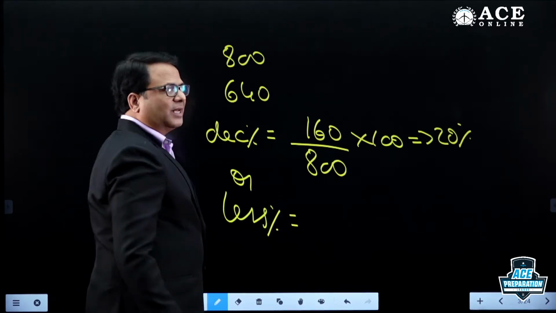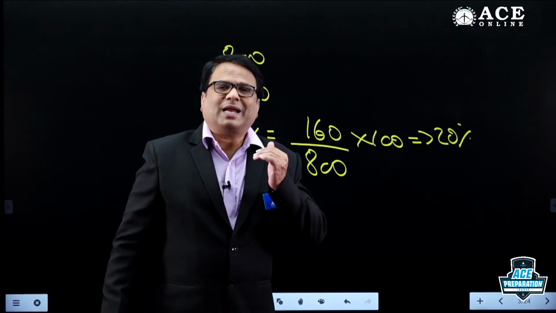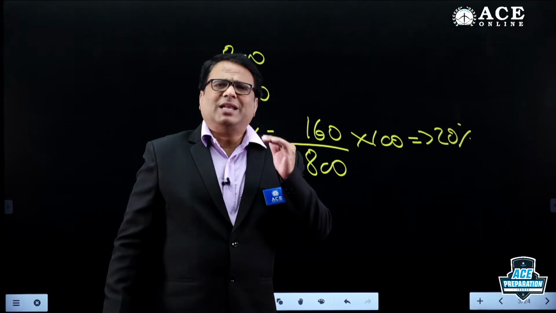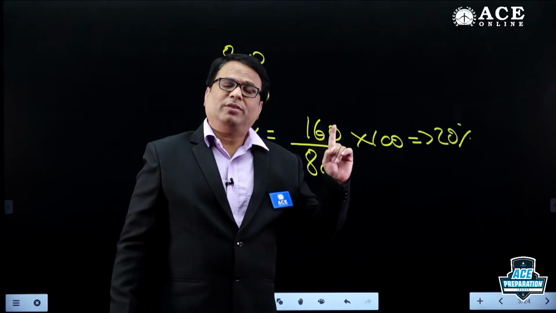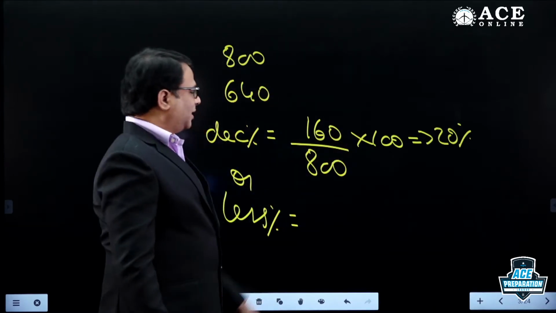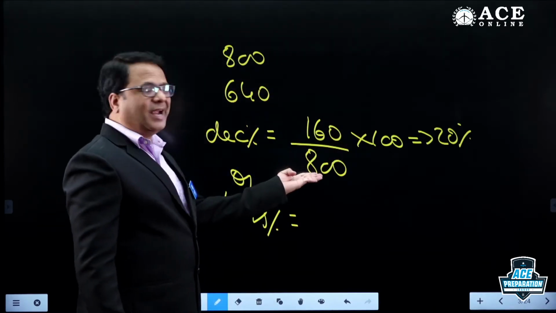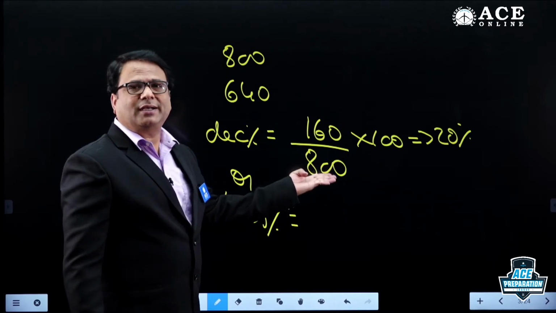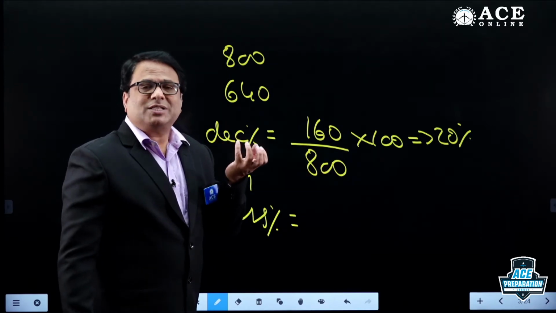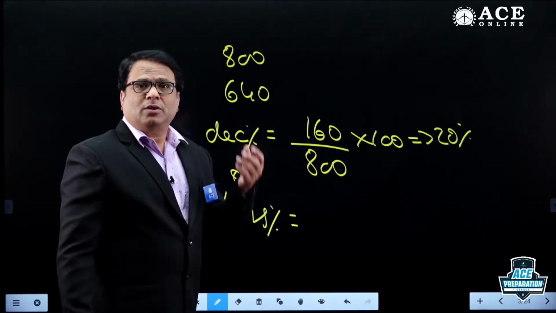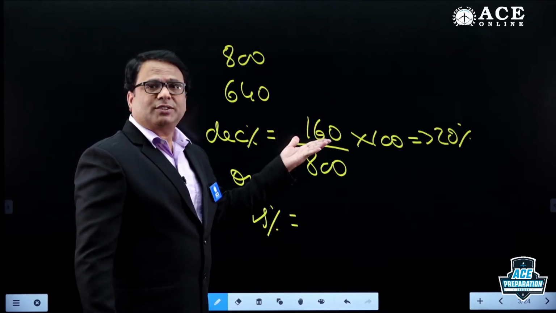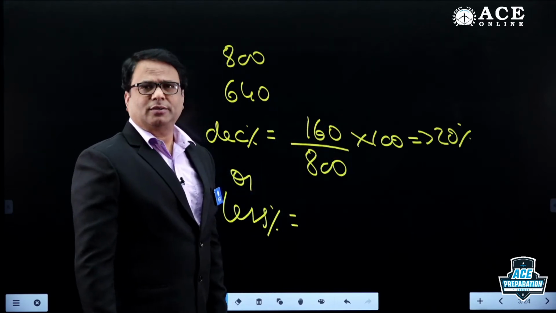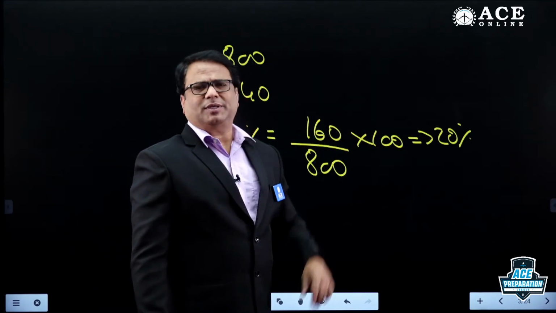My score in the second test is what percentage less when compared to my score in the first test. Same calculation. Comparison is done with 800. So denominator is 800. And my score is how much less? 160 less. So 160 should be written in the numerator. And into 100. So that gives you 20%.